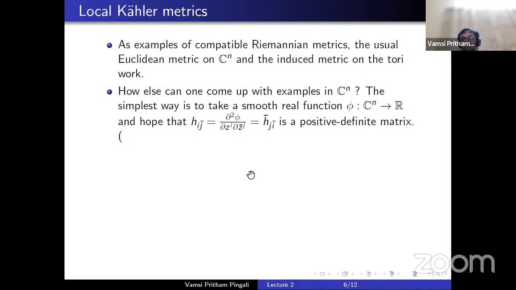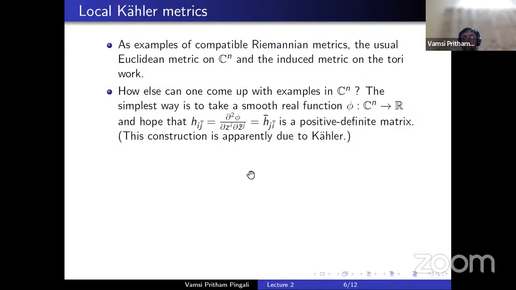And if this Hermitian matrix is positive definite, it need not always be. But for example, if φ is equal to |z|², then this will be a positive definite matrix, right? But it's not always one. And if it is one, then this gives you a Hermitian metric on C^n. Its real part gives you a compatible Riemannian metric on R^2n.